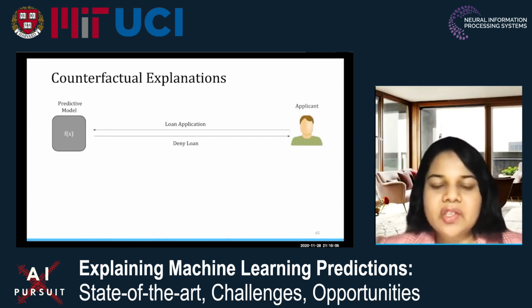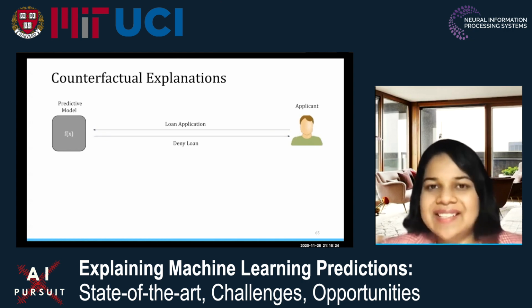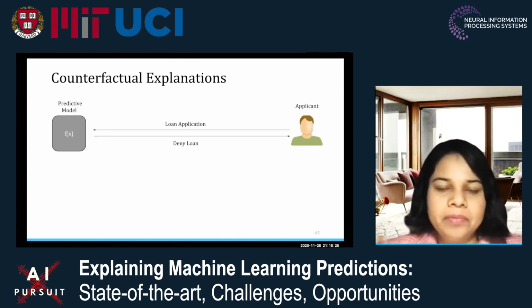Now, instead of just communicating this rejection decision as it is without any other input, it can be extremely useful to the applicant if we provide more information about what he can change in order to increase the chance of his application getting accepted the next time he applies for a loan.